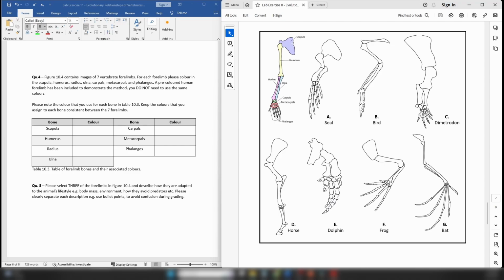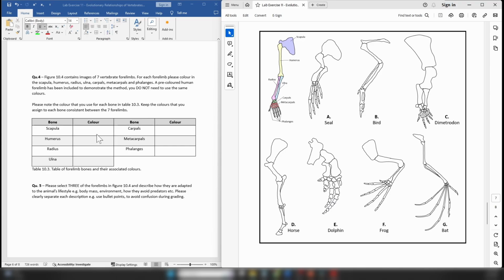So you will see that the scapula, humerus, radius, ulna, carpals, metacarpals, and phalanges for this human forelimb have been labeled, and they've each been assigned their own color. So for question 4, you are going to look at the 7 remaining forelimbs. And for each of these forelimbs, you are going to color in the scapula, humerus, radius, ulna, carpals, metacarpals, and phalanges. All right.